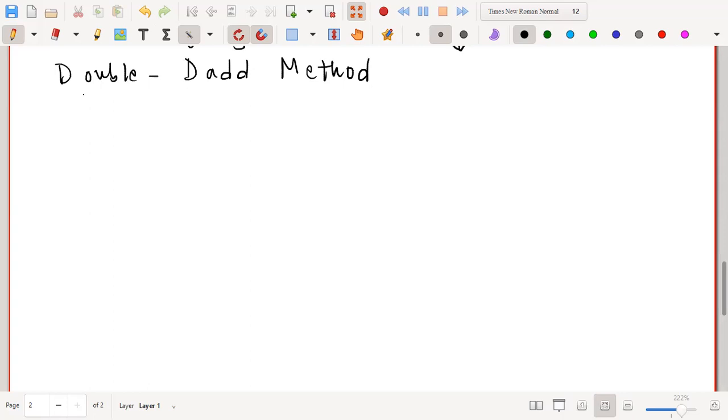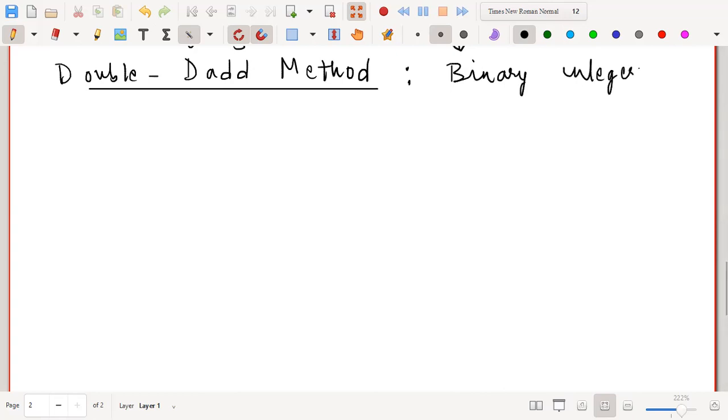As I told you, this method is useful only for binary integers, not the fractional part, and for large binary integers.